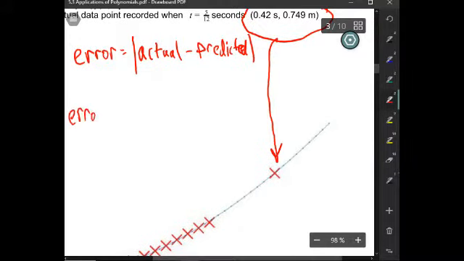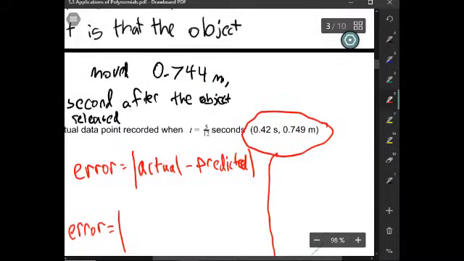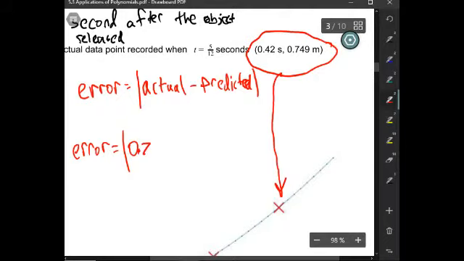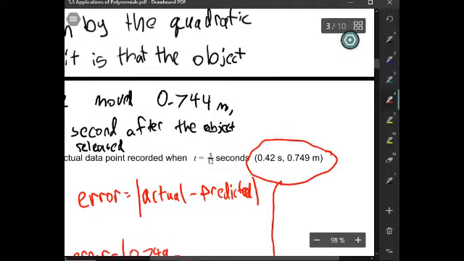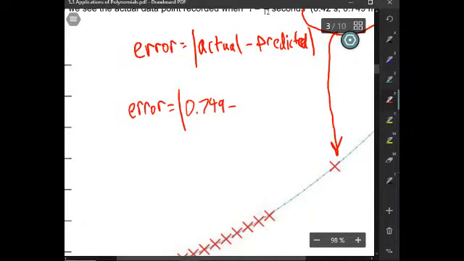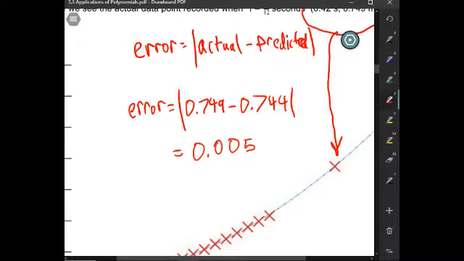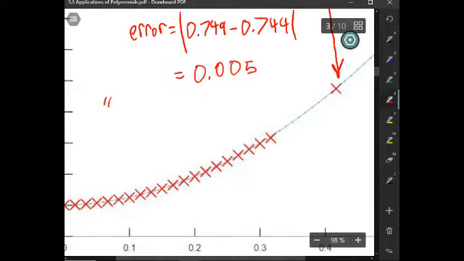So our error is the absolute value of 0.749 minus 0.744, which is 0.005, or it's accurate up to 5/1000ths of a meter, 5 millimeters. And formally, the prediction is off by 5 millimeters. That's not too bad. That's pretty good.